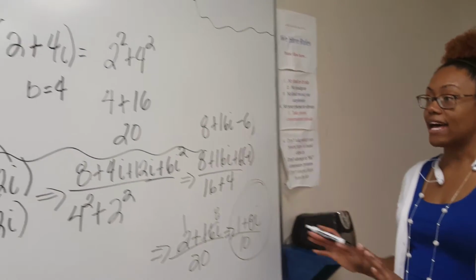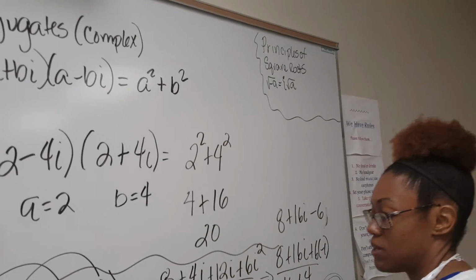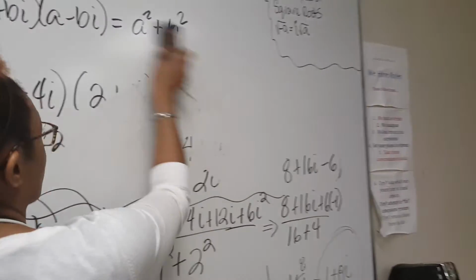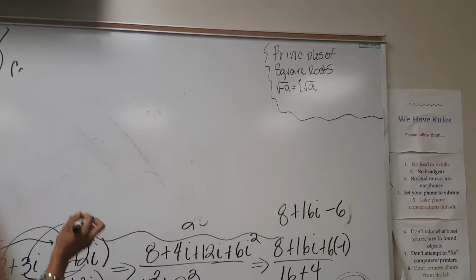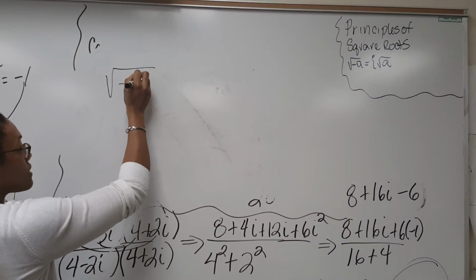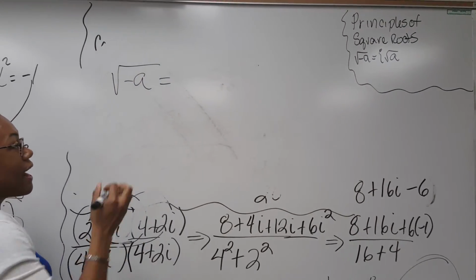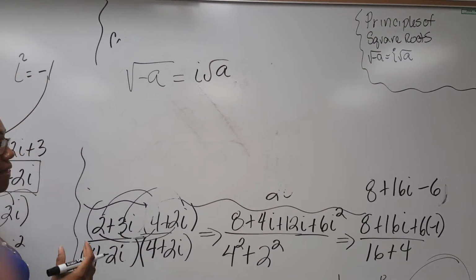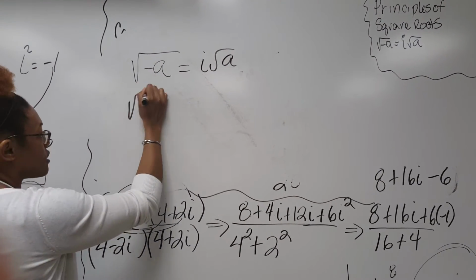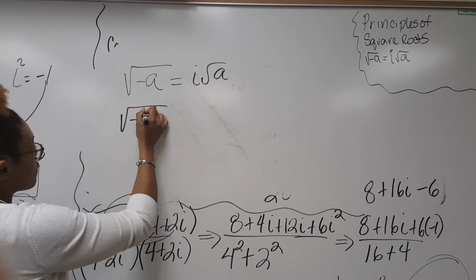Okay. Now the last part for today is considered to be the principles of square roots, right? So principles of square roots, as we know, if I took the square root of something negative, it would end up being i square root of a. And what do you mean by that, Ms. Parker? So let's say I had the square root of negative 3.